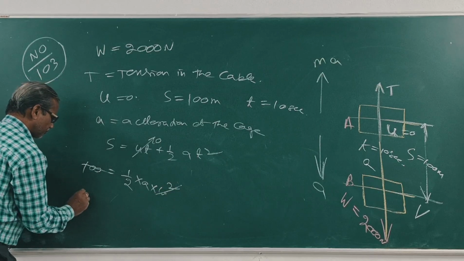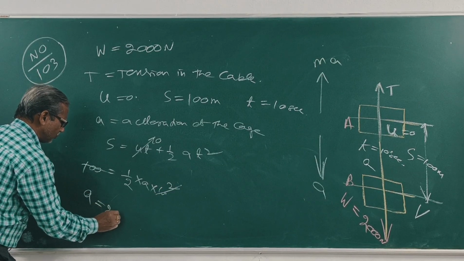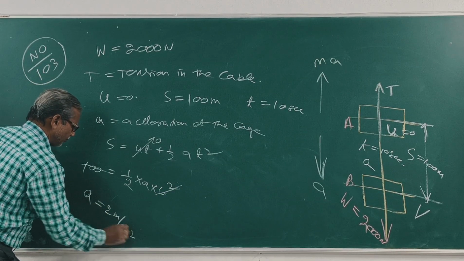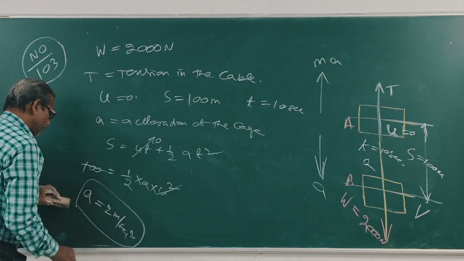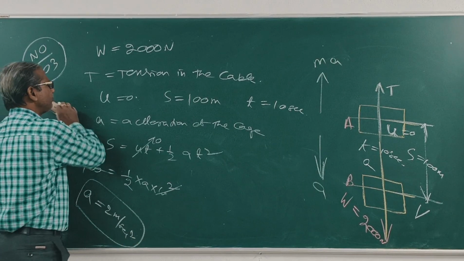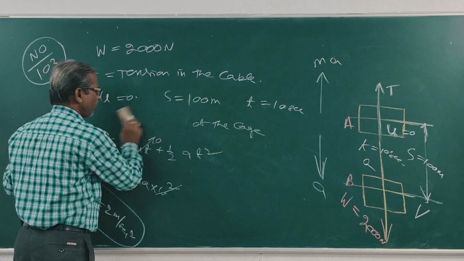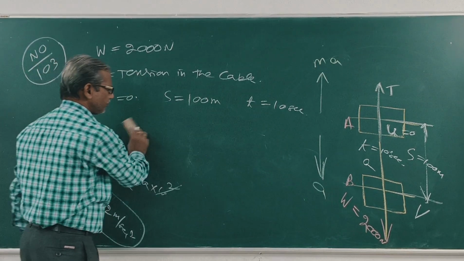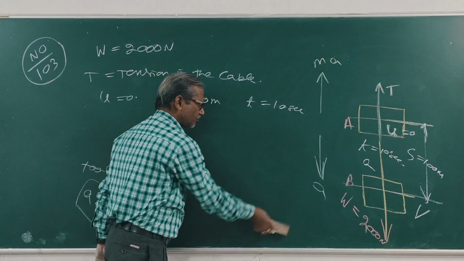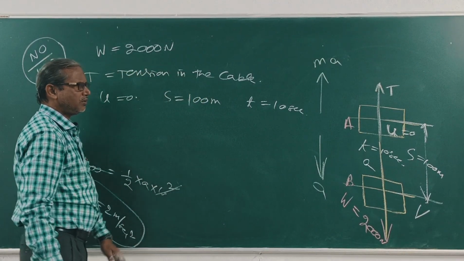So A is equal to 2 meter per second square. This is the acceleration A.